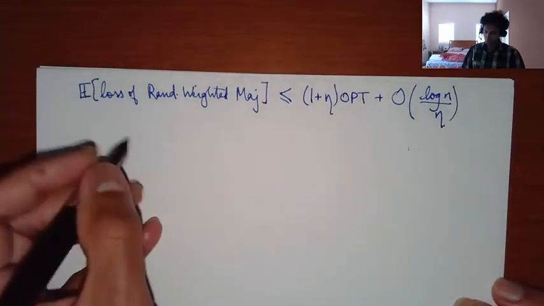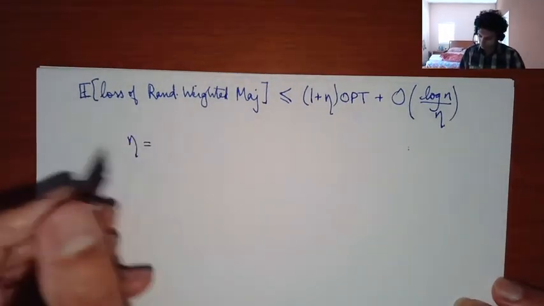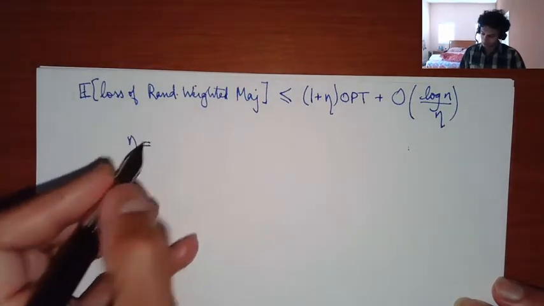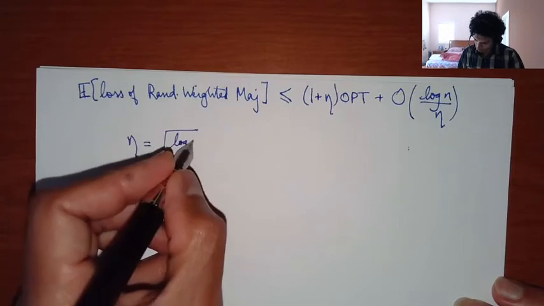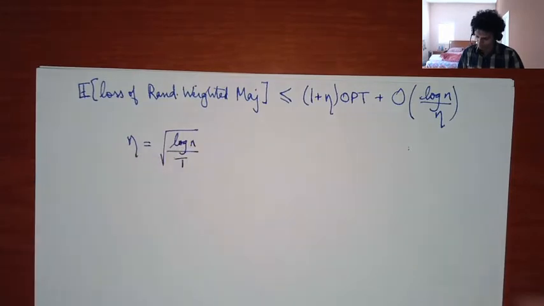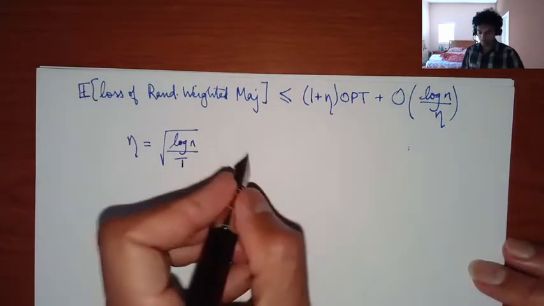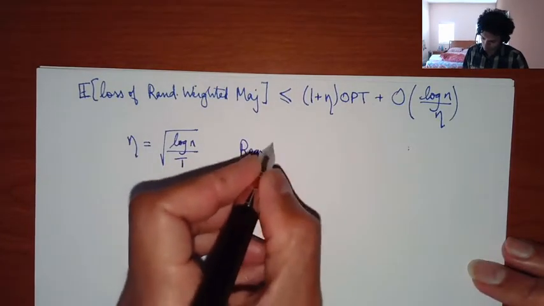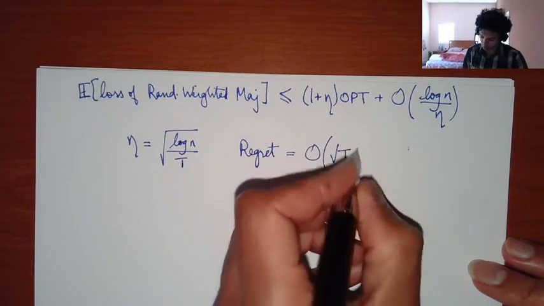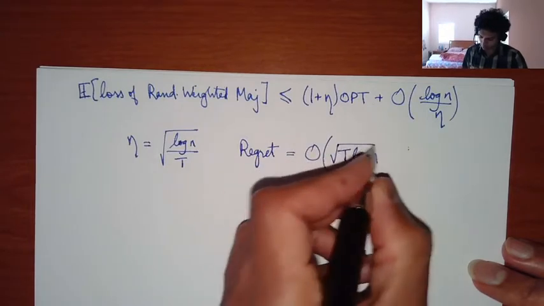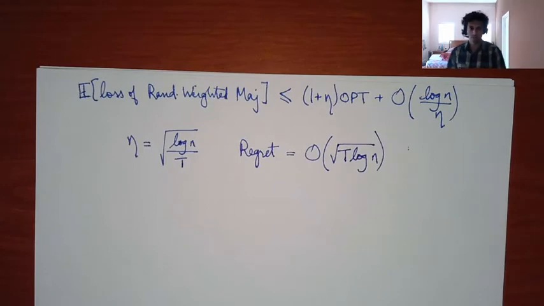And by setting this learning rate to be essentially root log n divided by T, the regret was essentially O of root T log n.